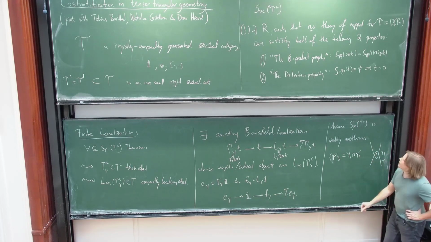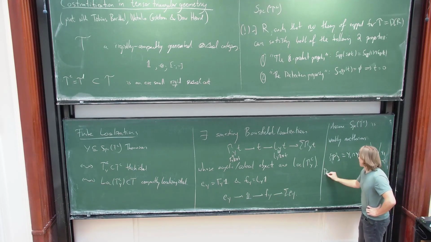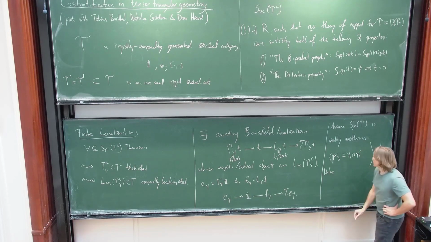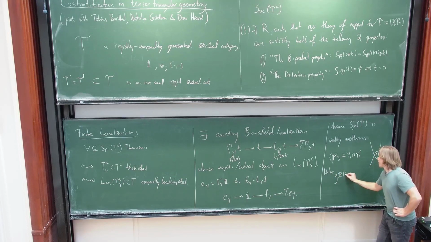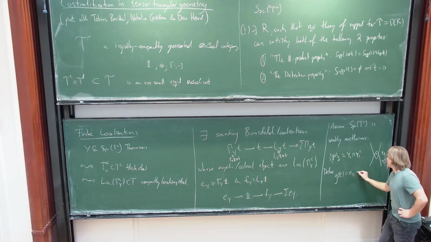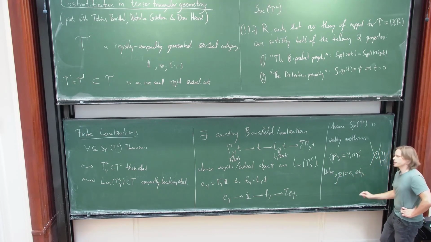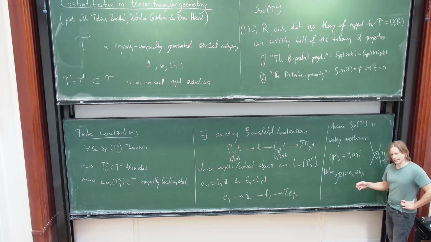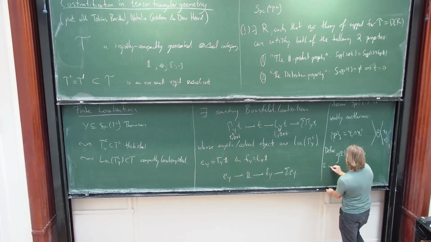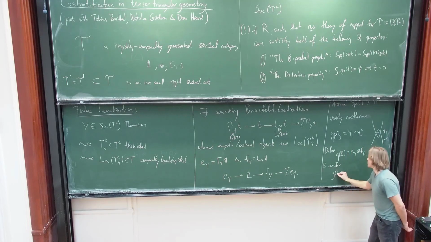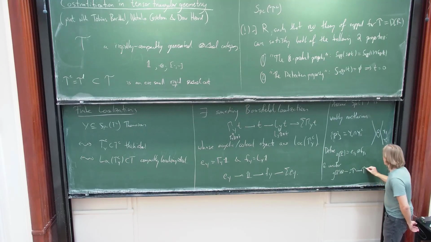Okay? And then you can define the object g(P) to be E_Y1 tensored with F_Y2. And this object is not dependent up to isomorphism on the choice of Y1 and Y2, and we can consider the functor of tensoring with this object. Right?